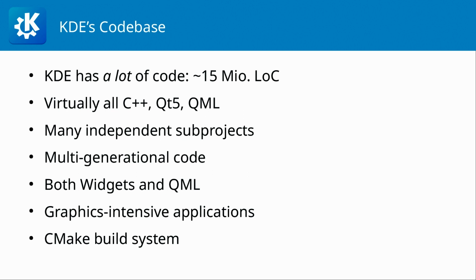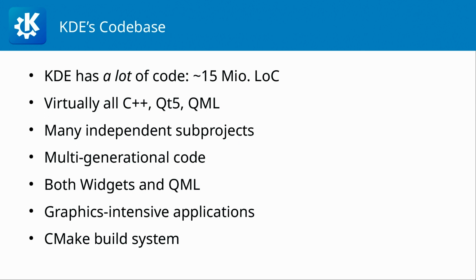The first thing you need to understand about KDE's code base is that it's huge. The last time I checked, we had about 15 million lines of code, which makes me assume it's the largest code base comprised of Qt code there is in the world. If you know of any others, then talk to me over a beer.